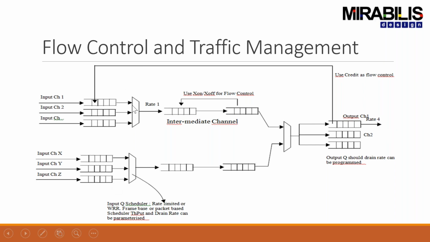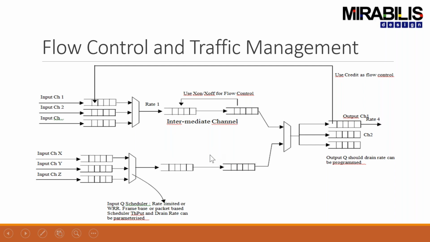Now, the scheduling algorithm of which queue to select is based on the arbitration that we provide. So it can be like a weighted round robin, or like a first come first serve, or any kind of proprietary technology. So what are the things you might be looking at here? What is the right algorithm, for example? How many queues can I handle? What should be the depth of these queues?